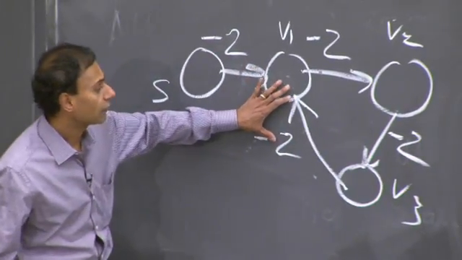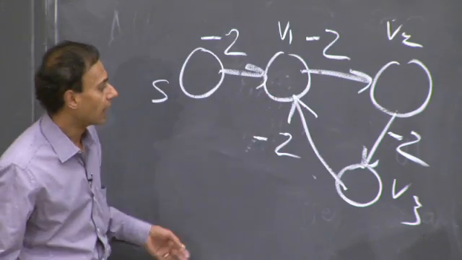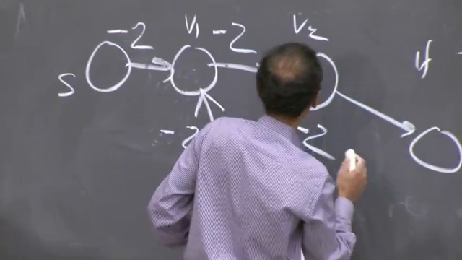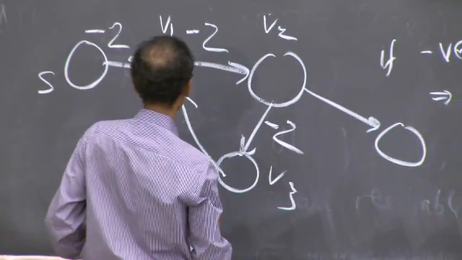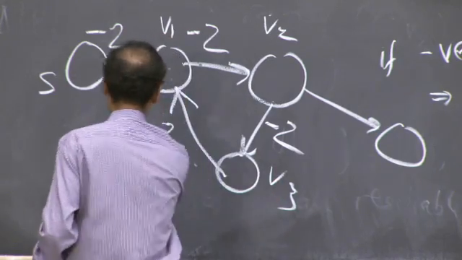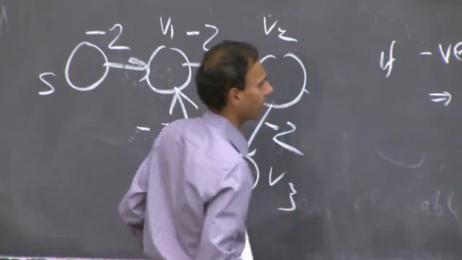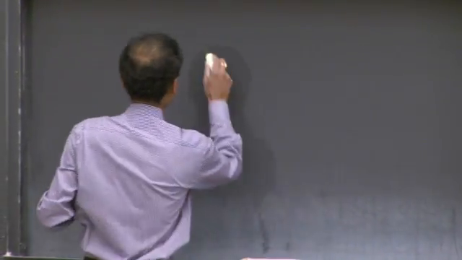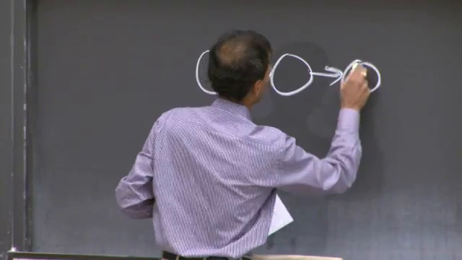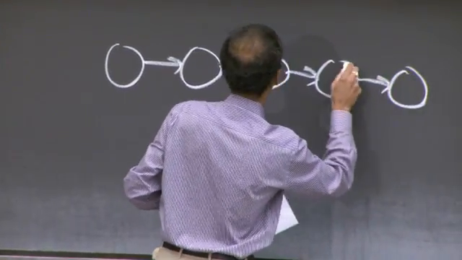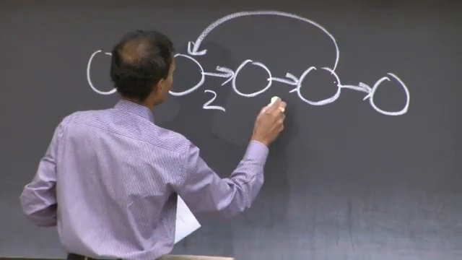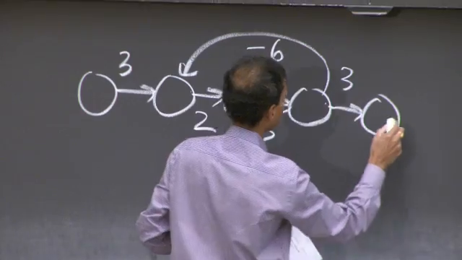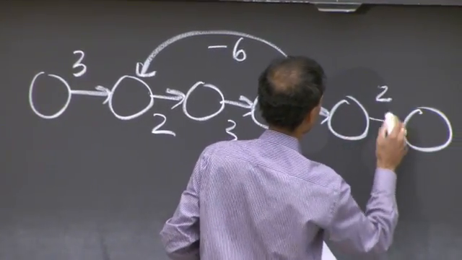But let's say I want to find the shortest simple path for a different graph, and it happens to have a negative weight cycle in it. So I have something like this: 2, 3, minus 6, 3 over here, 3 over here, maybe 2 here.